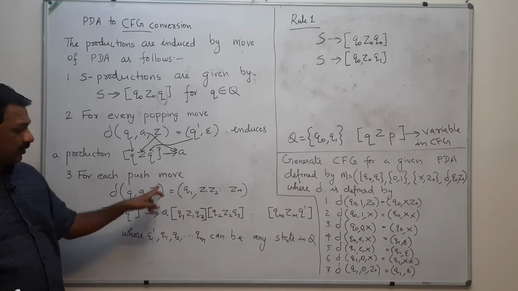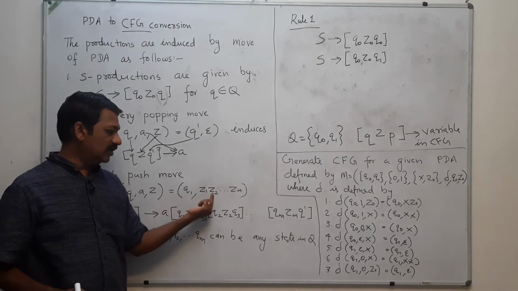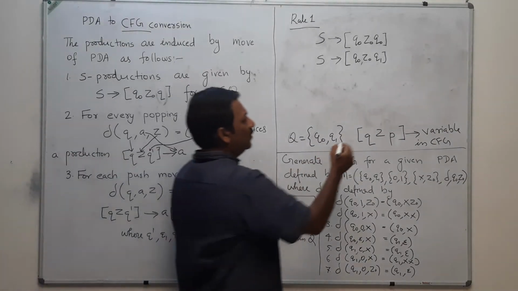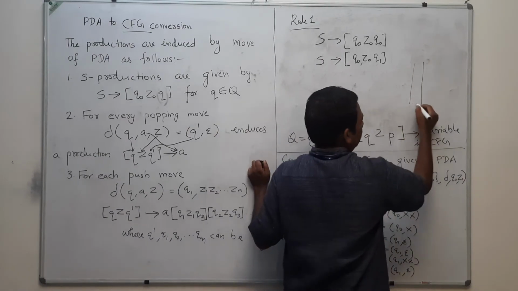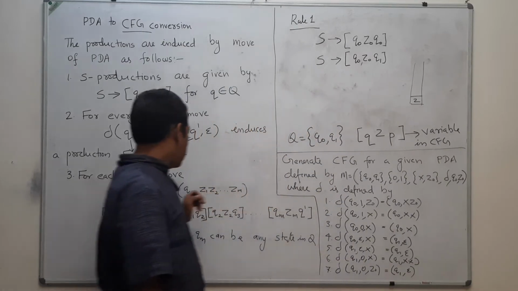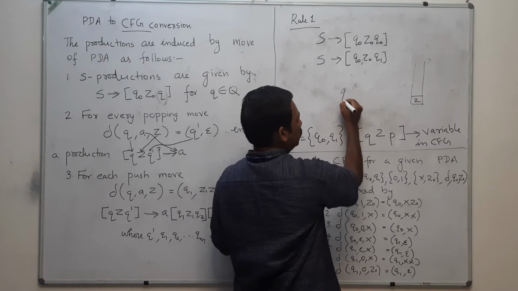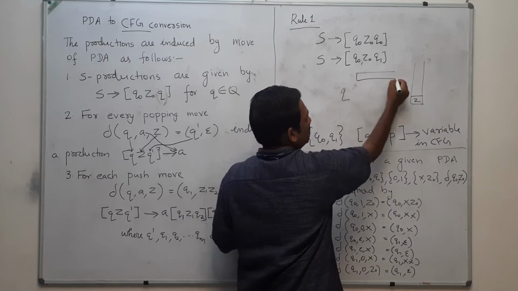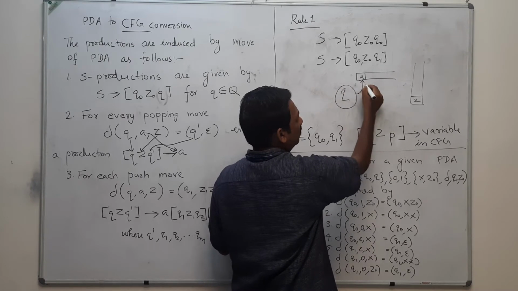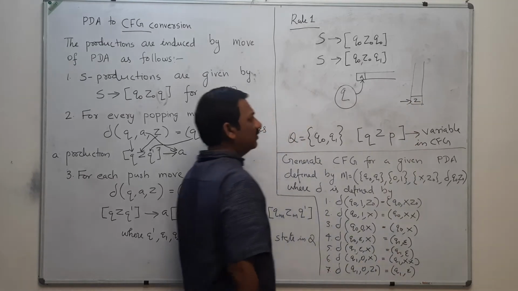After popping this Z, that is replaced with m stack symbols Z1, Z2, up to Zm. Suppose Z is on top of the stack and the current state is q, this is the finite control and it is reading the symbol a, and the current top of the stack is Z, what will happen?